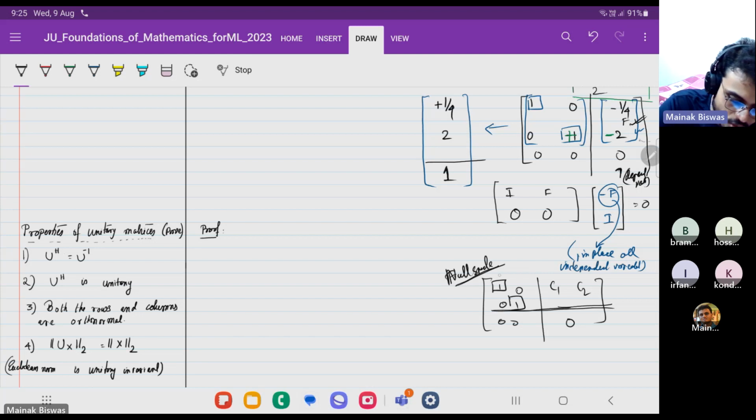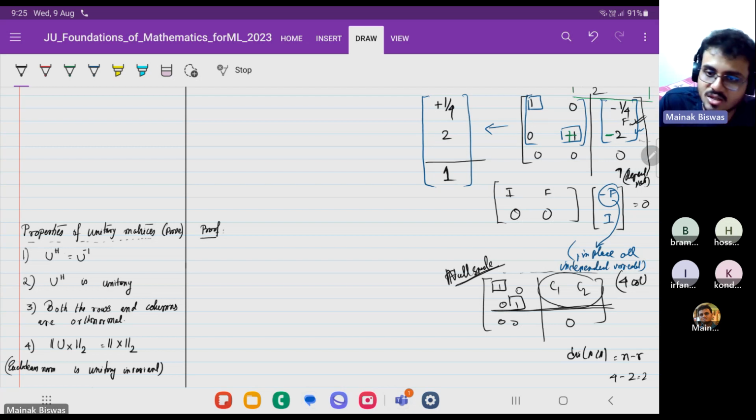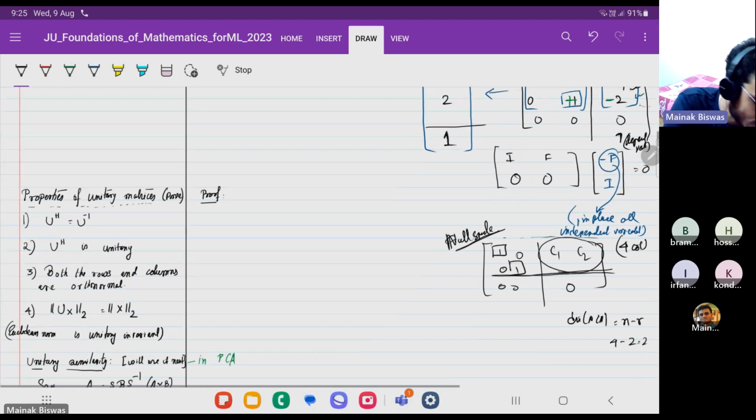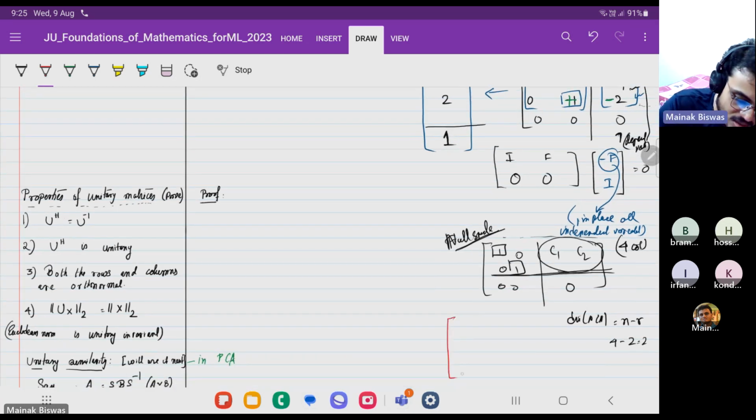So this is 4 columns, right? What is the dimension of the null space? It's n minus r, right? What is the rank here? So 4 minus. These two are the null space vectors, yes or no? Yes. So what would be the null space vectors here in this case?